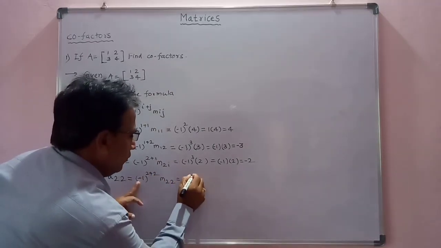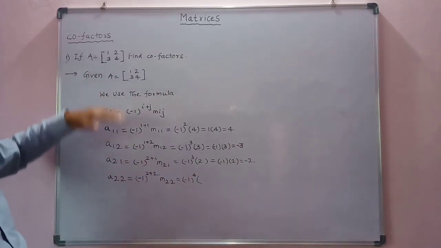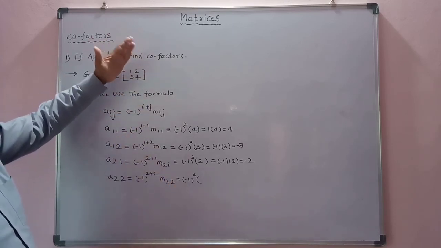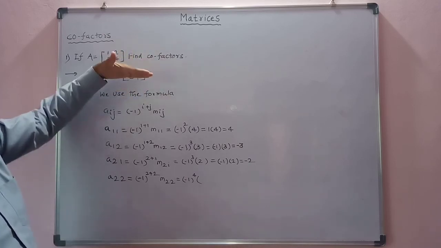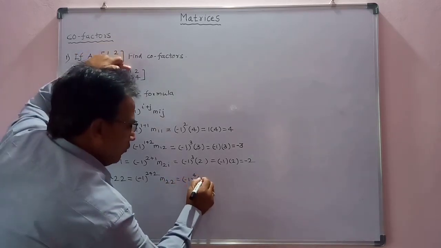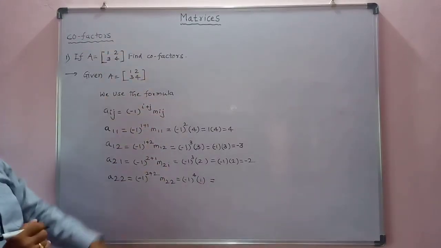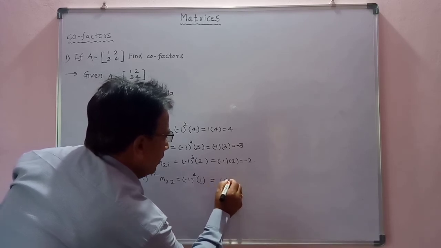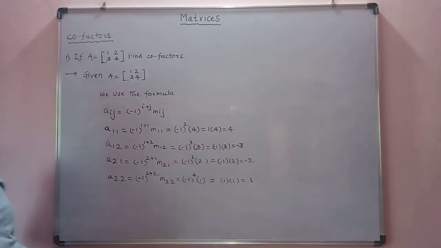Minus 1 raised to 4 into the value of m22. m22 means the minor leaving off second row, second column. This minor is 1. Minus 1 raised to 4 is plus 1, into 1. This cofactor is 1.